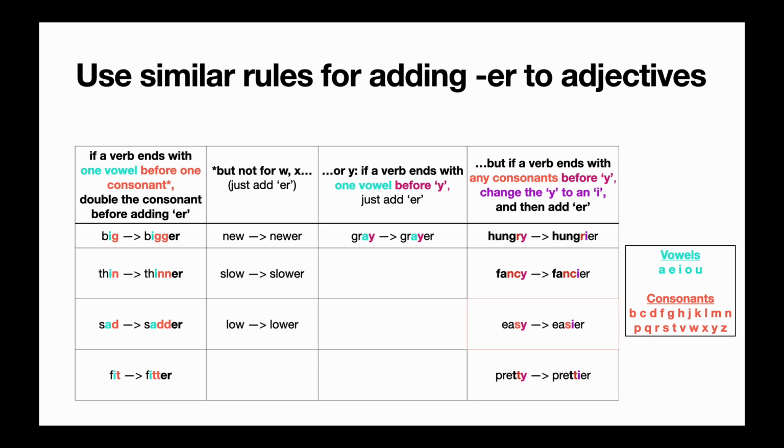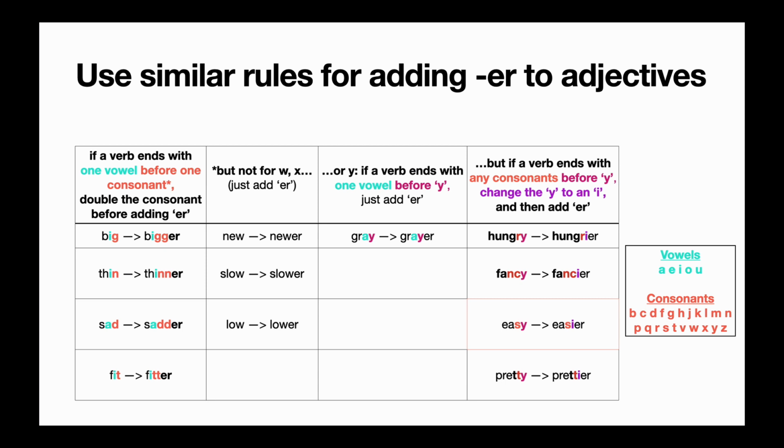Similarly, for the second column, again, we don't double W's or X's. And if there's a Y, and there's a vowel before the Y, we just add ER, just like that. And similarly, in the last column, if there's a consonant before the Y, we have to change it to an I before we add the ER.